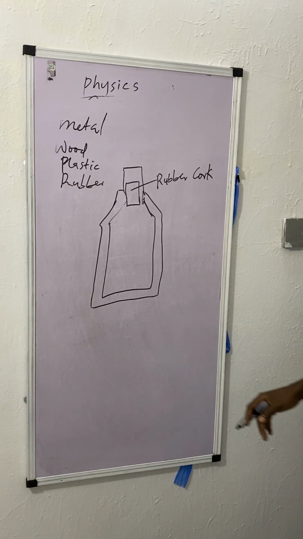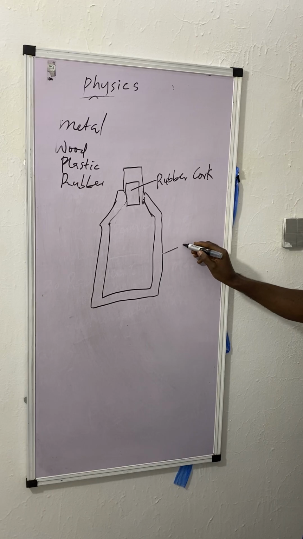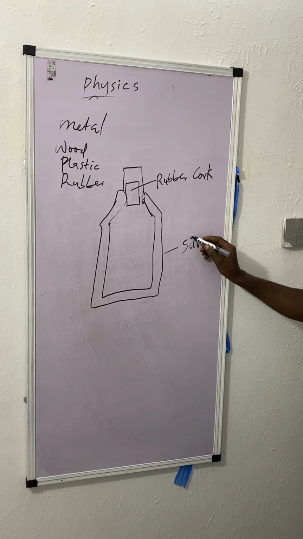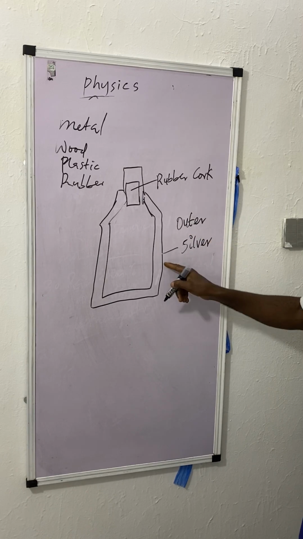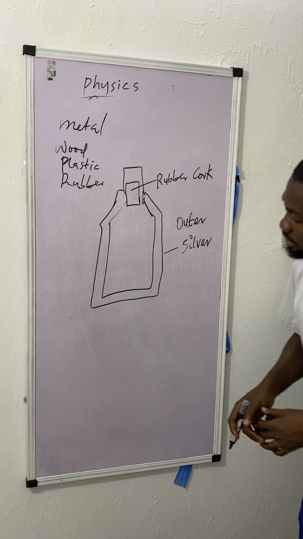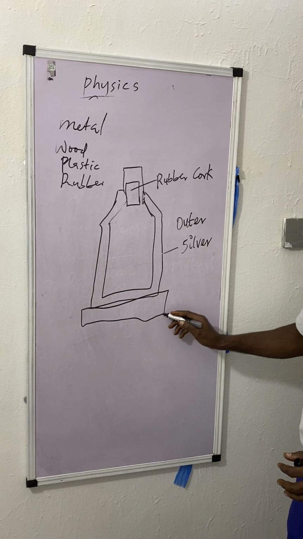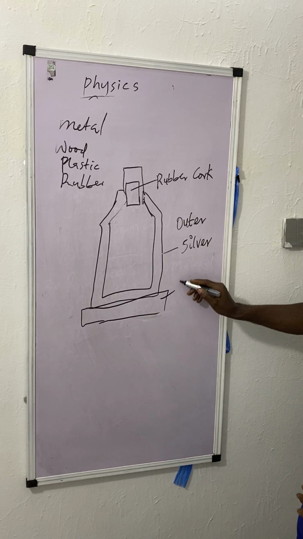Then we have outer sieve coverage. Then which other thing do we have in the thermal flask? We have the base, which is made up of insulator. All right, insulated base.